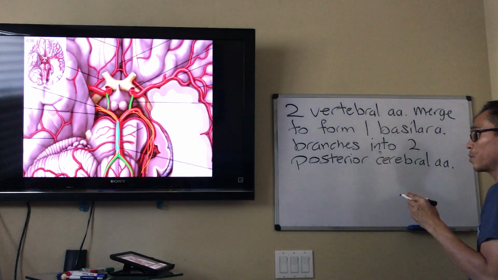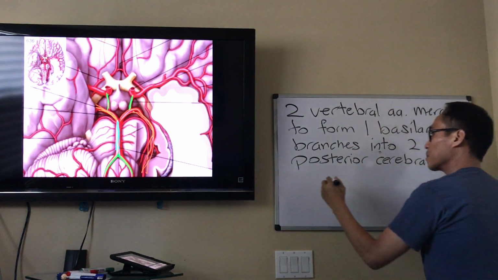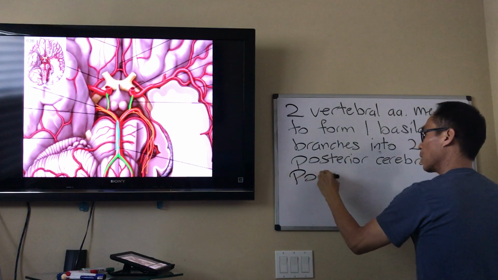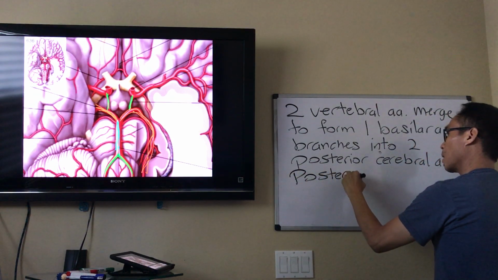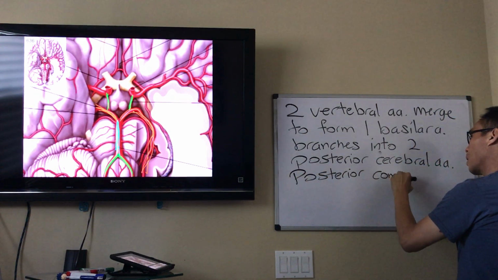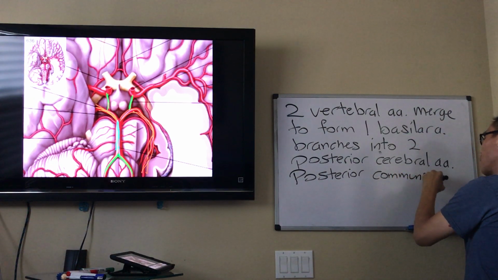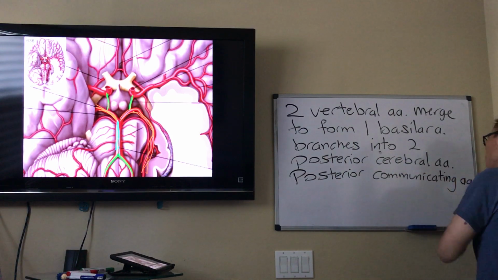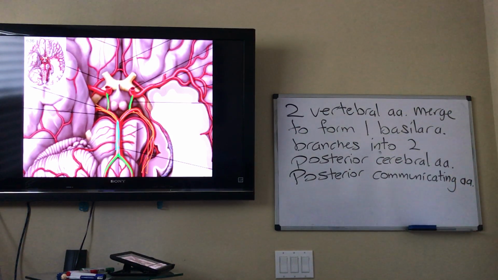So note two posterior communicating arteries. Basically, they're communicating with the top half of the circle of Willis.